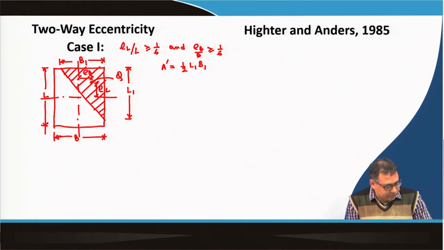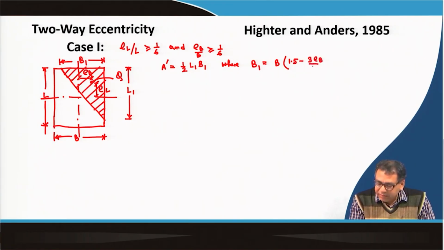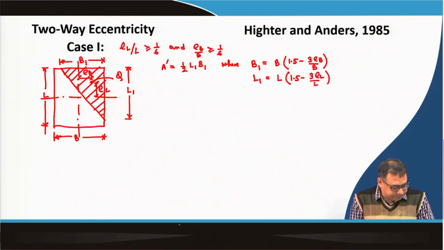Now B_1 I can calculate by using this expression: B_1 equals B times (1.5 minus 3 e_B by B). Remember that. And L_1 I can calculate as L_1 equals L times (1.5 minus 3 e_L by L).